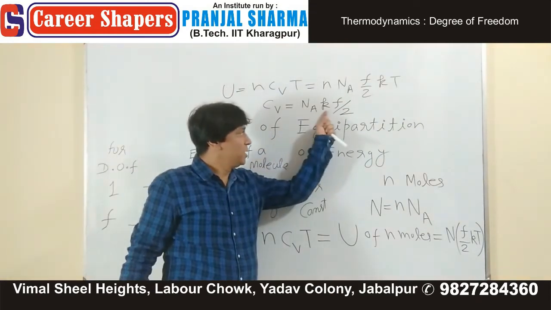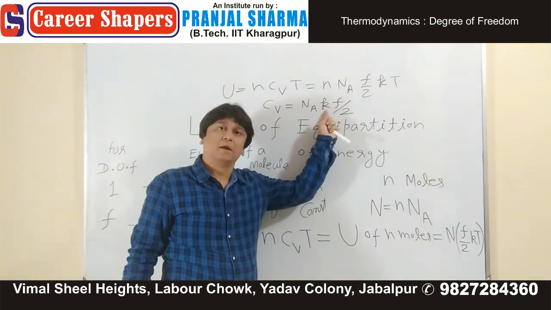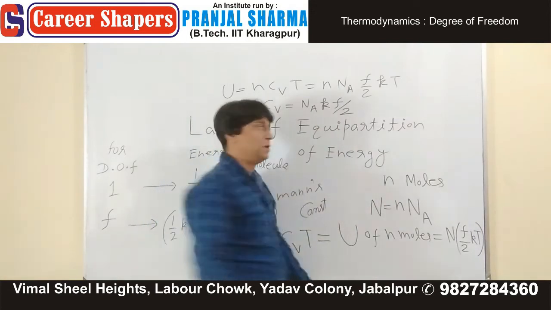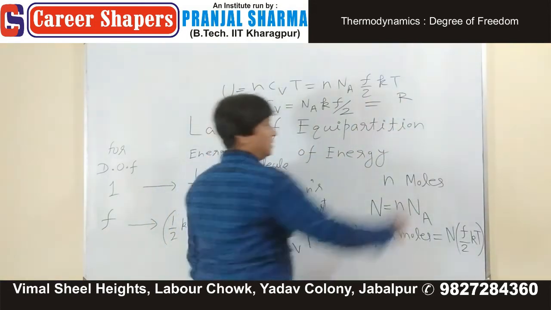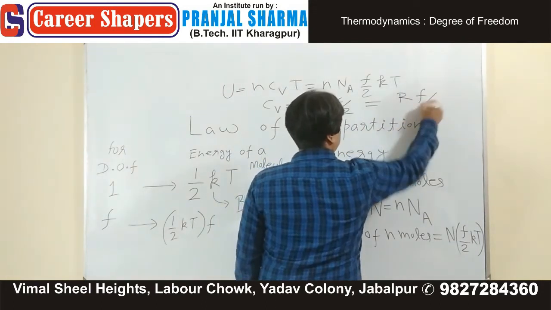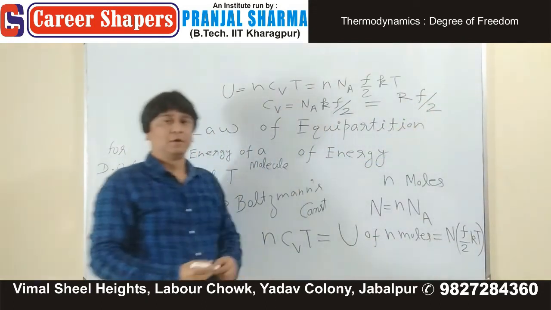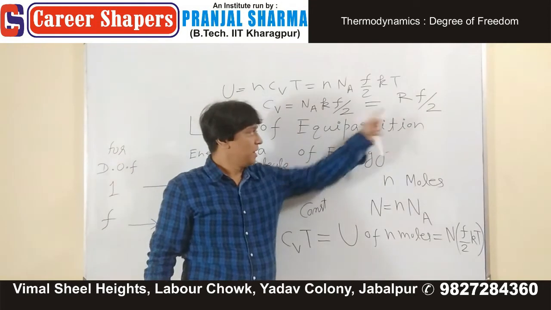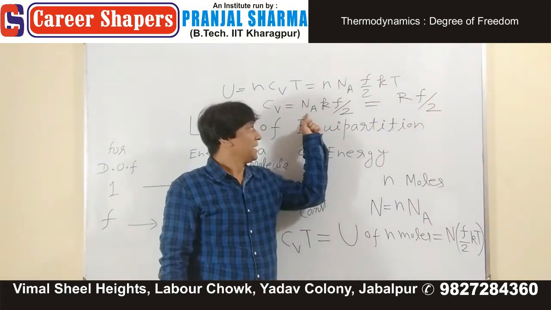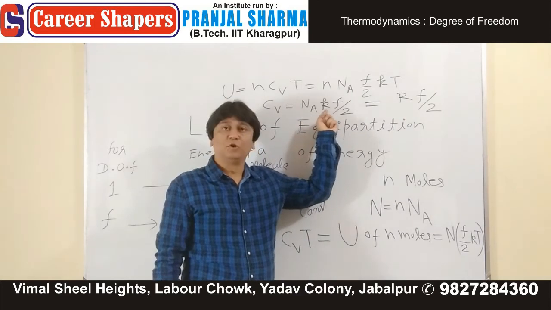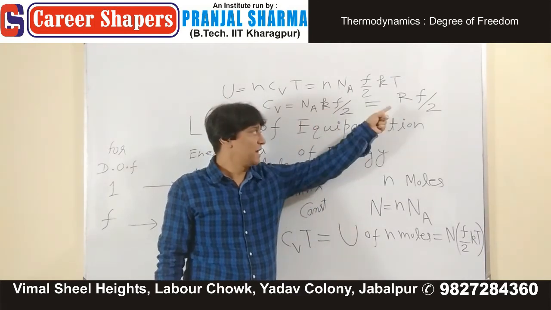This Na multiplied by k is called gas constant R, F by 2. Na into k is nothing but R. Avogadro number multiplied by Boltzmann's constant is what? Gas constant R.